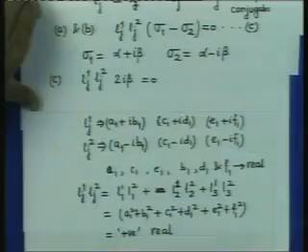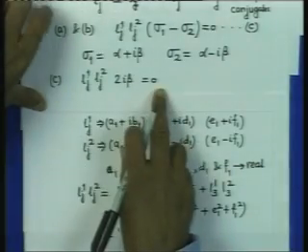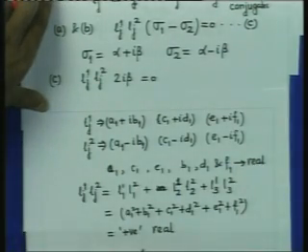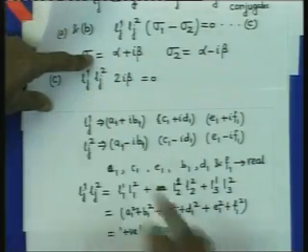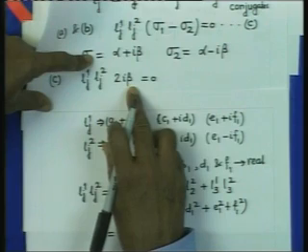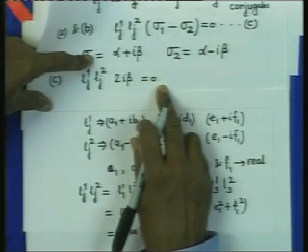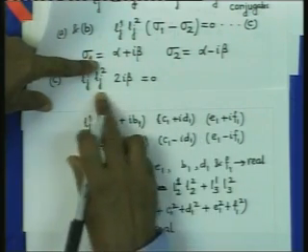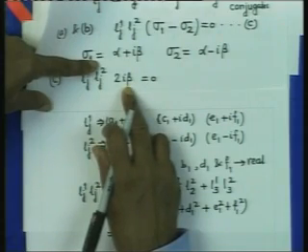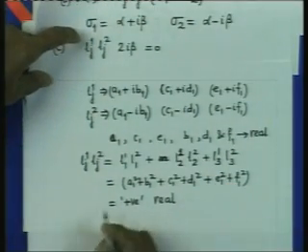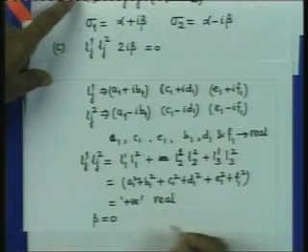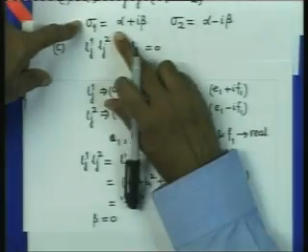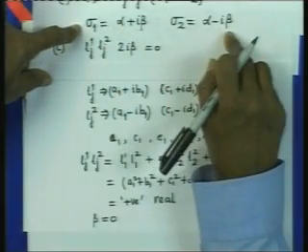So, from equation C, it is quite clear that this product is real and this product with 2i beta is equal to 0. So, therefore, this is real and this simply means that beta has got to be 0. We assumed that sigma 1 equals alpha plus i beta and sigma 2 equals alpha minus i beta.